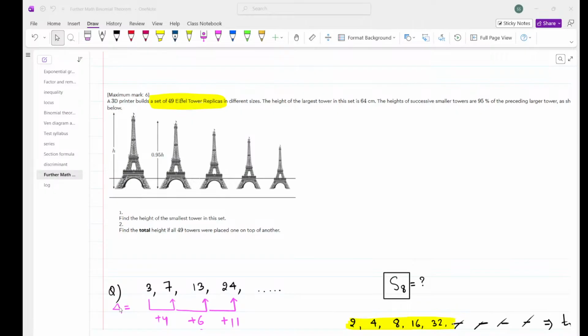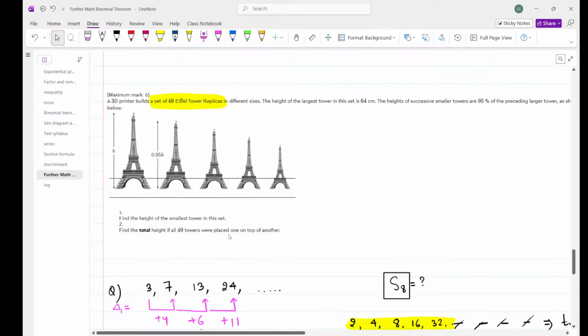Okay, find the total height if all 49 towers were placed on top of one another. Yeah, I think you can solve it. Okay, so I can do n over 2 times a plus l, because I have 64 and I have the last one. Why n over 2?